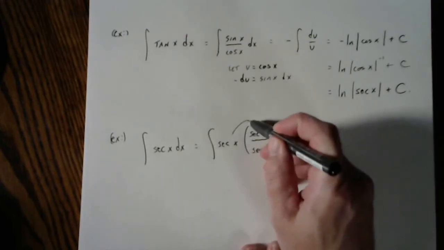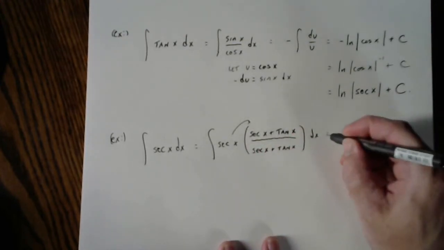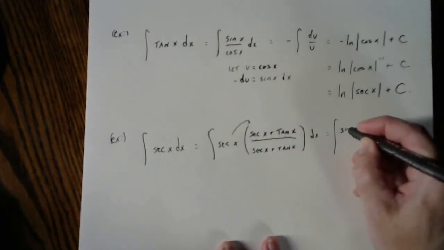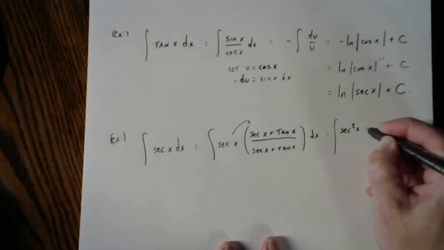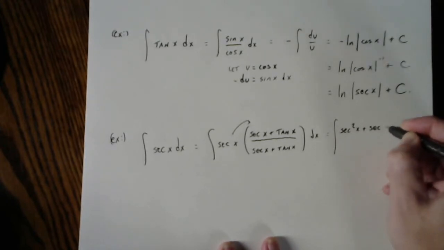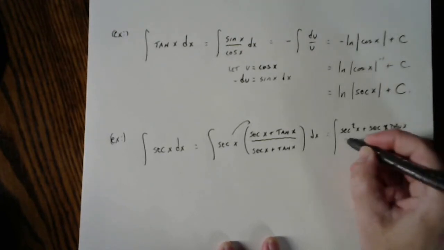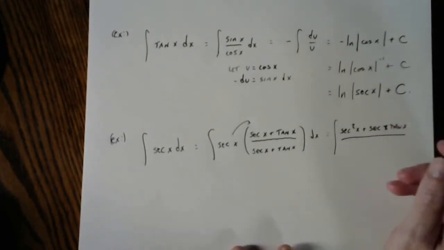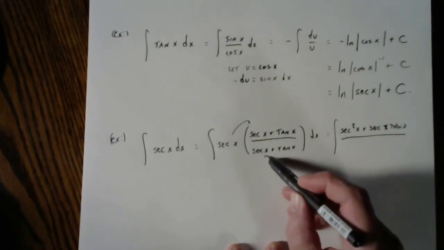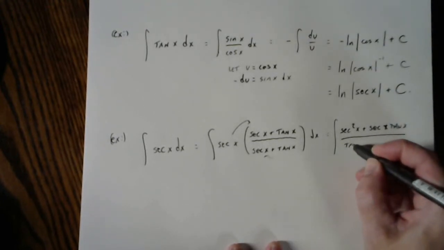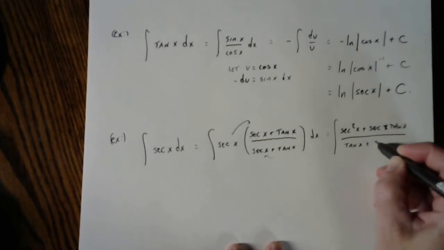What I'm going to do is distribute this. And I end up with secant tangent. Oh, forgot my argument. And this will be over, and I'm going to just flip-flop these so they match up better. Tan plus secant.